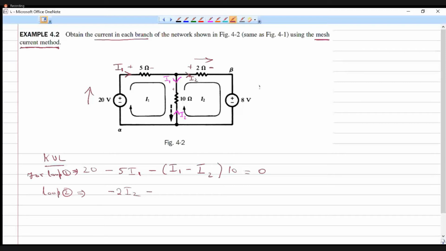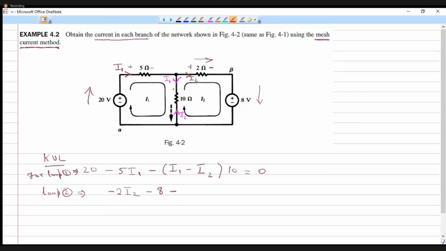What about here? Again, I am traversing this voltage source from plus to minus. So here you can see plus is marked on the top and minus is on the bottom, inside the symbol. Only thing, I have written it outside to see clearly. So should I take plus 8 or minus 8? Minus 8. Why minus?